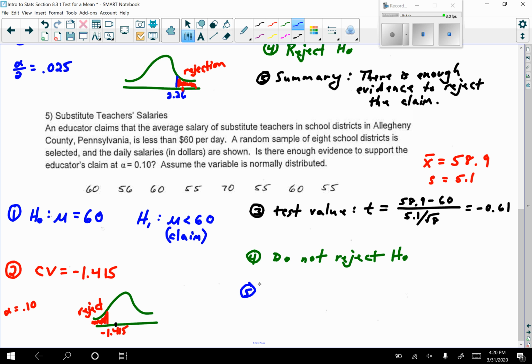And then our summary is that there is not enough evidence to reject the null hypothesis, or, let me rephrase that, there is not enough evidence to support the claim. That will be a lot easier. Because our claim was the alternative hypothesis, we're saying there's not enough evidence to support that.